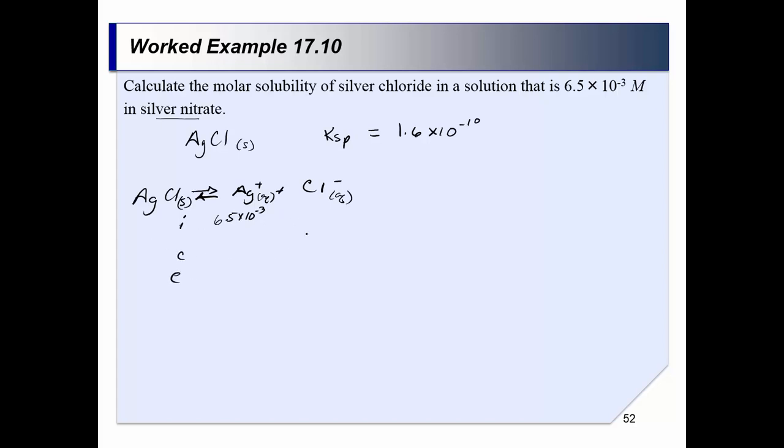I'm going to add to it some amount, and I'm going to use X, although your book wants to use S. So my equilibrium concentration will be 6.5 times 10 to the negative 3 plus X, and X for my chloride. If I plug those values into my Ksp, then I can solve for X using all of the appropriate algebra.